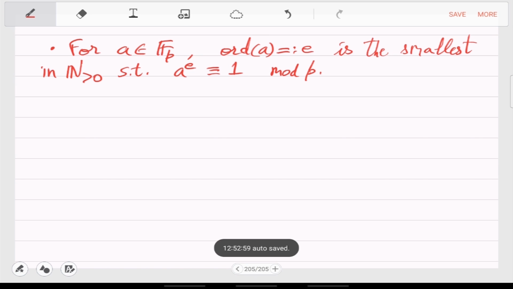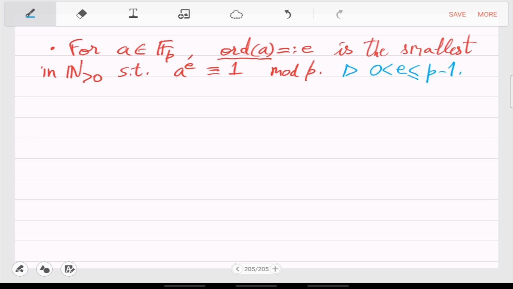So for an A, we define E to be the smallest positive number such that A to the E is 1, and you can show that E is positive and it's at most p minus 1. Is it less than or equal to? Okay, because E equal to p minus 1 certainly satisfies this.